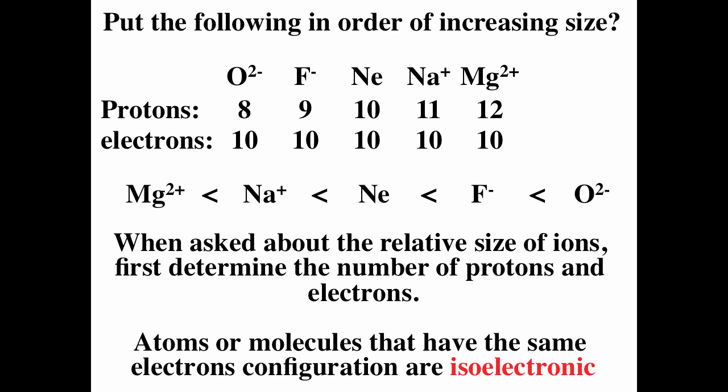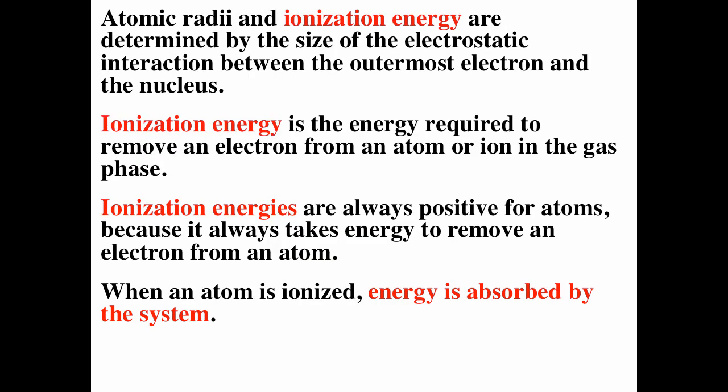And so we've seen size for atoms and size for ions. Now, ionization energy is also dominated by electrostatic interaction between outermost electrons and the nucleus. The ionization energy is the energy required to remove an electron from an atom or ion in the gas phase. Ionization energies are always positive because it's always going to take energy to remove that electron.